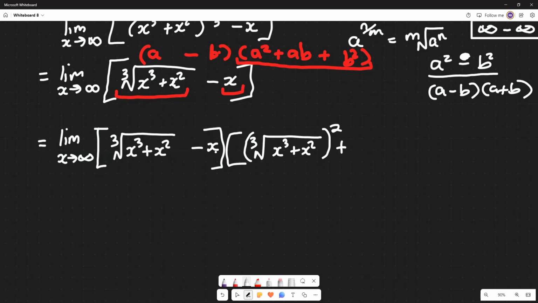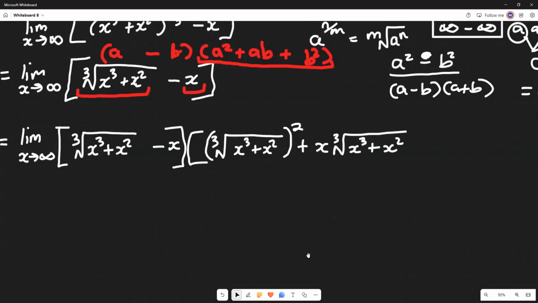Then a times b, which is x, times the cube root of x cubed plus x squared. I'm sure you are following, ladies and gents. And then b squared, which is plus x squared.